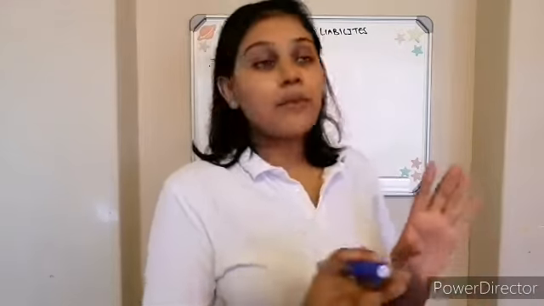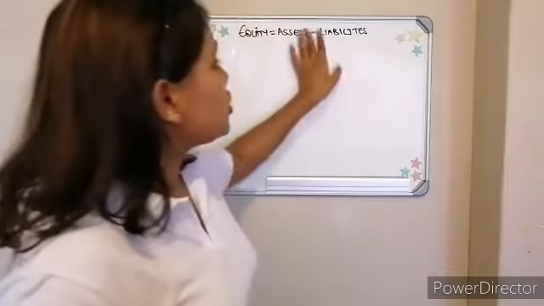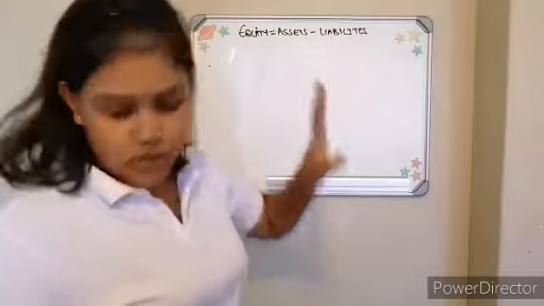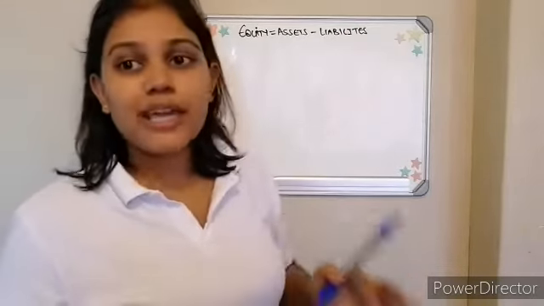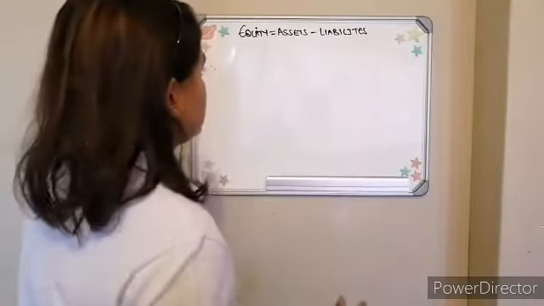So guys, using simple mathematics, I'm going to manipulate this equation in order to calculate liabilities. Okay guys, so what I'm going to do first, I'm going to write the equation in terms of liabilities.